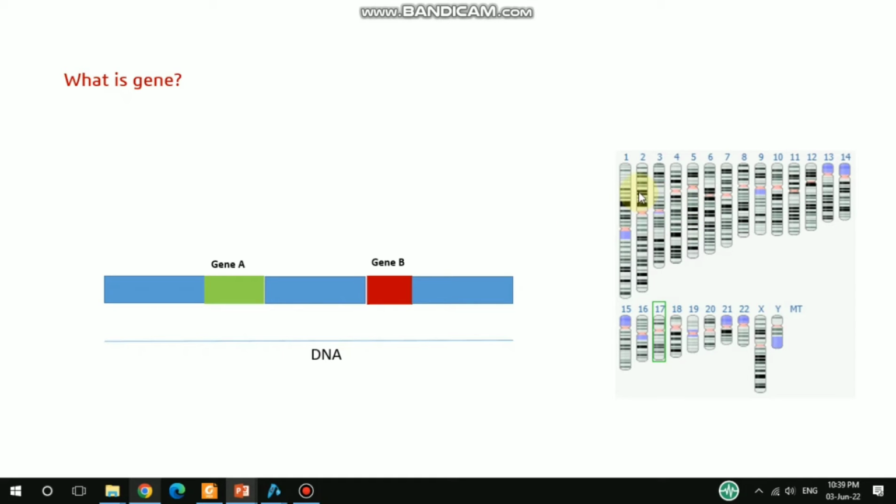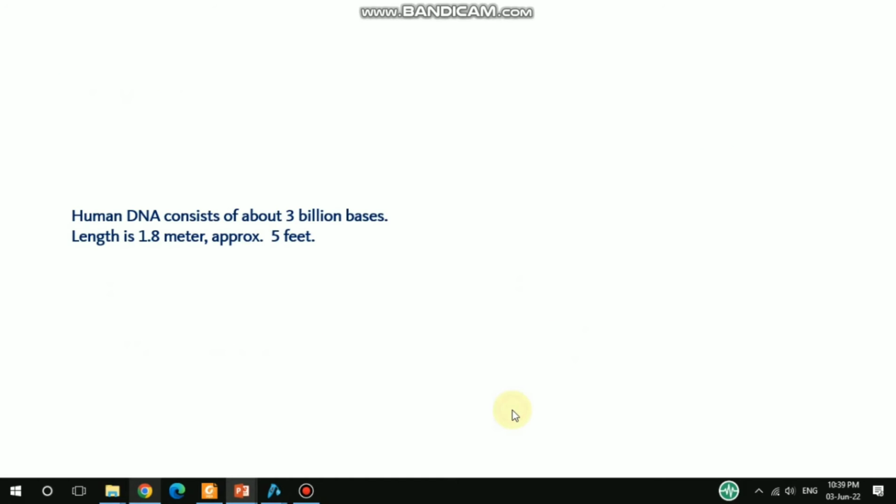So here this locus contains a lot of genes. Human DNA consists of about 3 billion bases, its length is 1.8 meters, approximately 5 feet, and the nucleus is around 10 micrometers in diameter, very tiny.